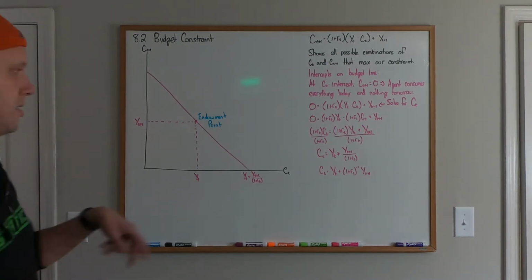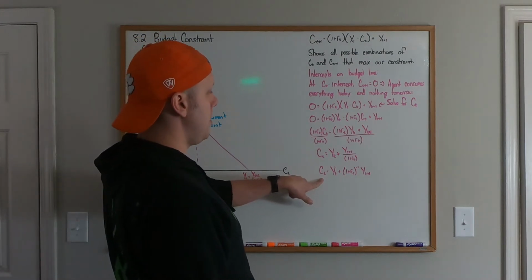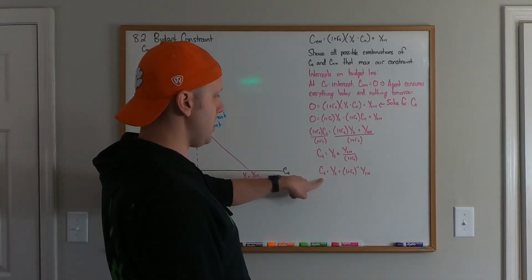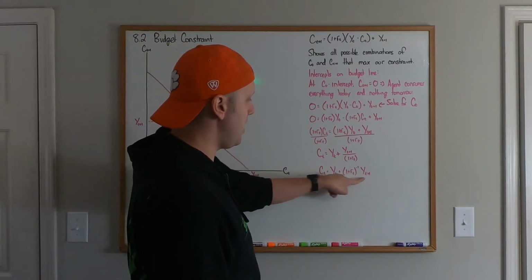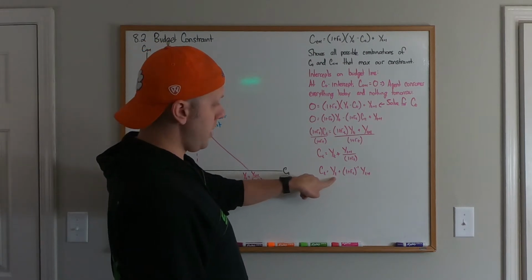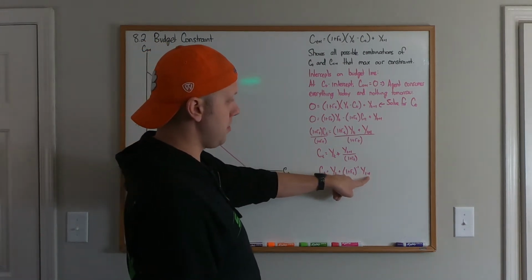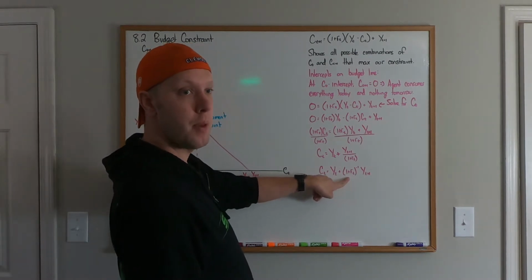All right, so what this says is my consumption, if consumption tomorrow is 0 and I consume everything today, this is how much I can actually consume, right? YT is my income today, YT plus 1 is my income tomorrow, but I have to discount my income tomorrow by 1 plus the interest rate, right?